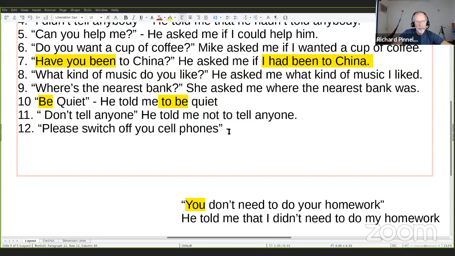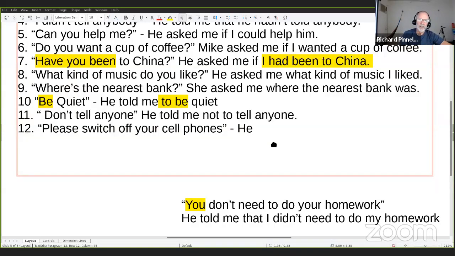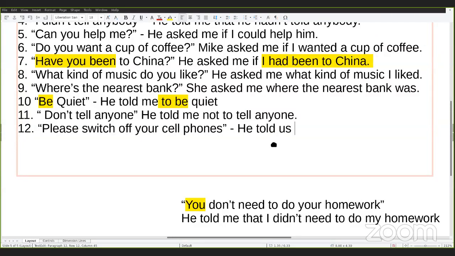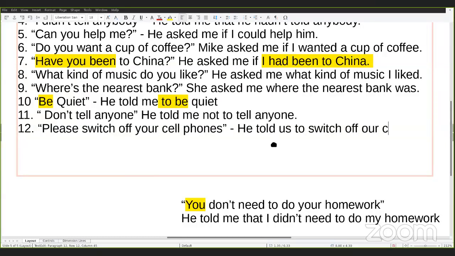Please switch off your cell phones. This is another one. It's like the previous one, but it's positive. He told me... With these imperatives, you can't use say. You can only use tell. He told us to switch off our cell phones.